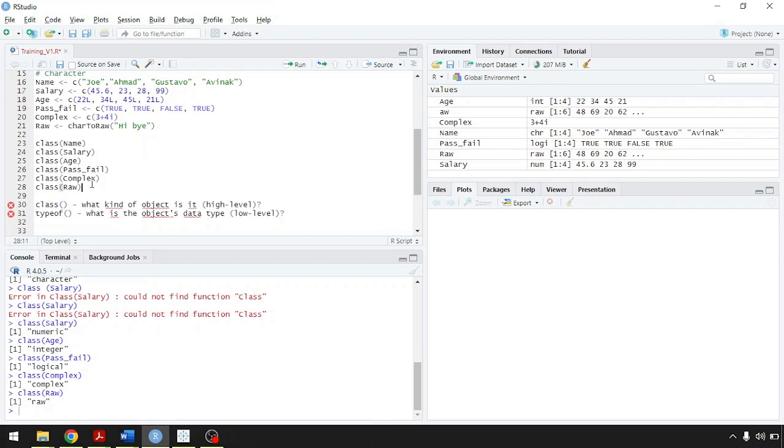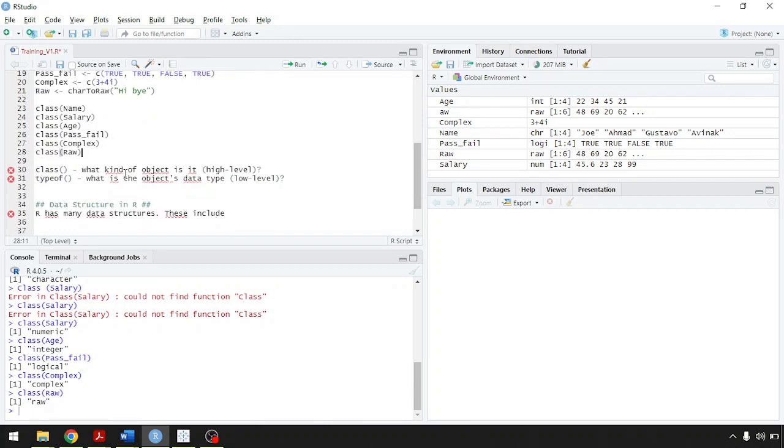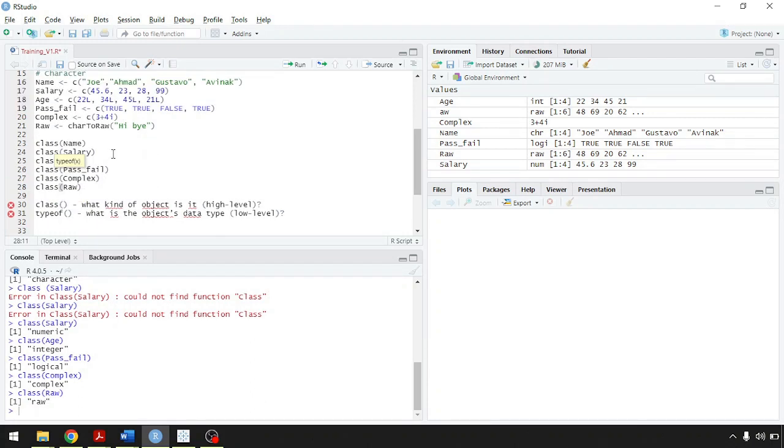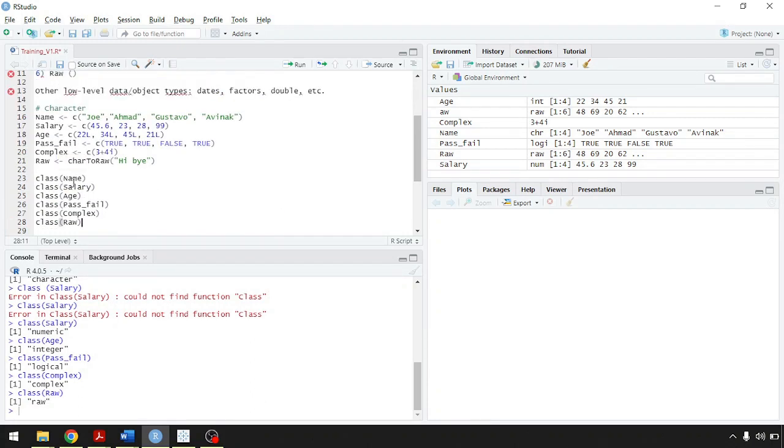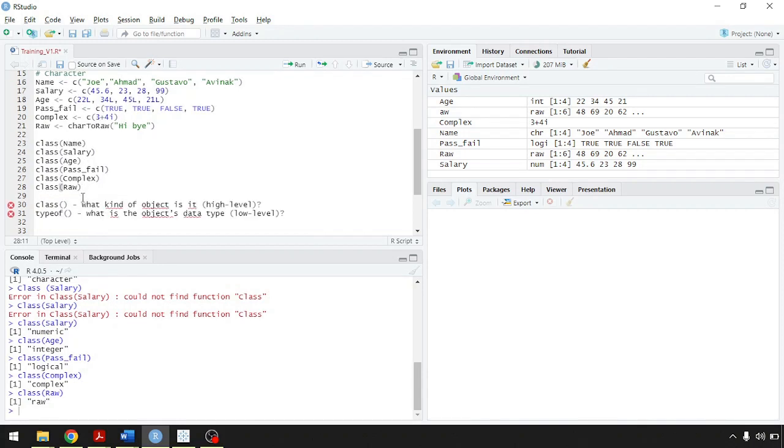There you go. So class allows you to look at the class or type specification of high-level data types. Typeof is again the low level. Sometimes you have numerical numbers that actually have a type of double.